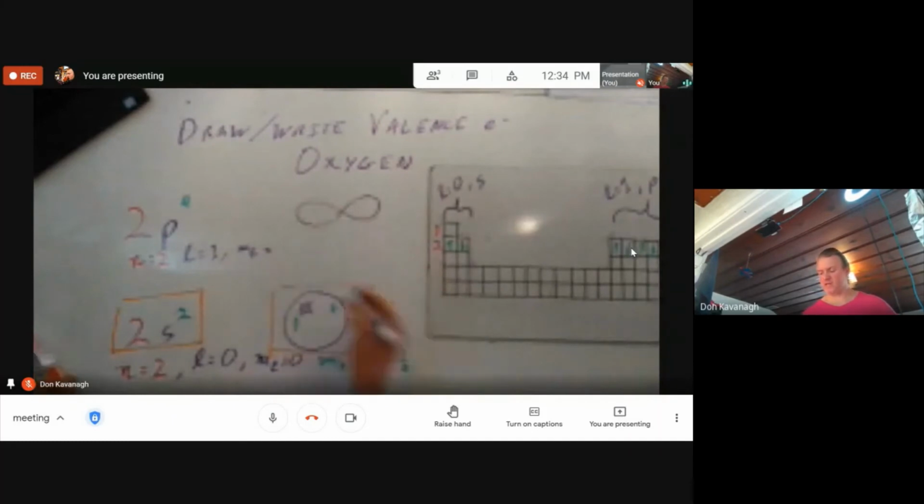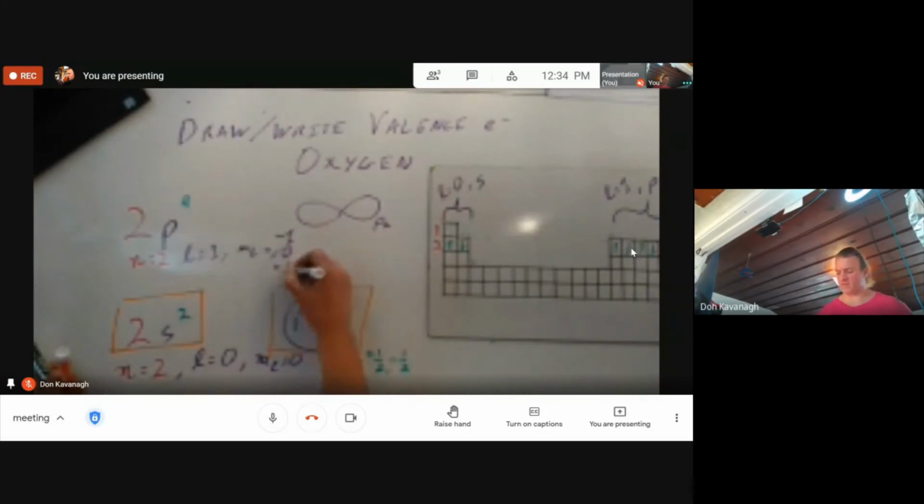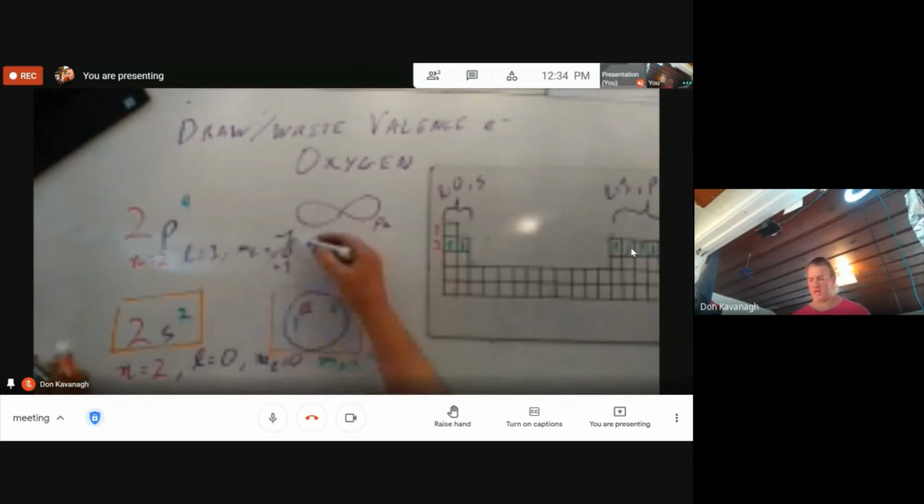And there are 3 different orientations a p orbital can take: one along the x-axis, px, one along the y, and one along the z. So we have 3 values for M sub L, one along the x, one along the y, one along the z.